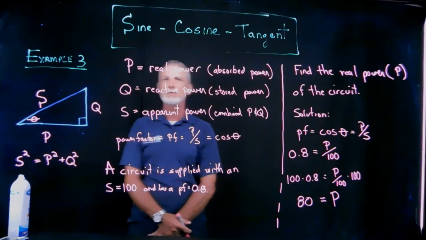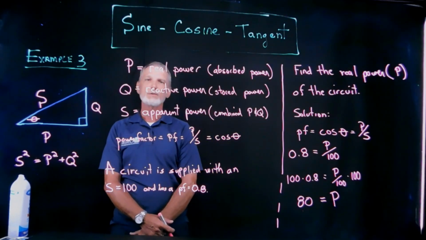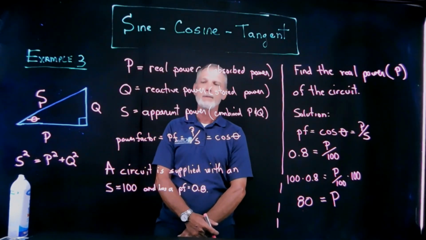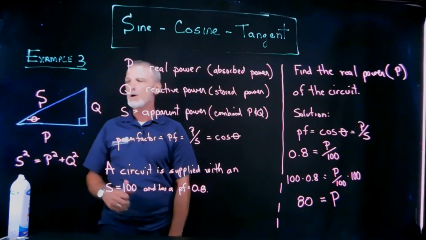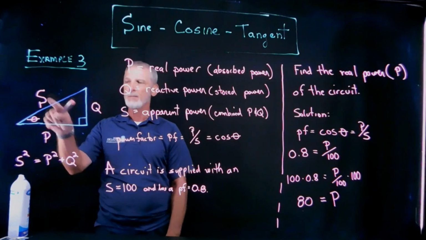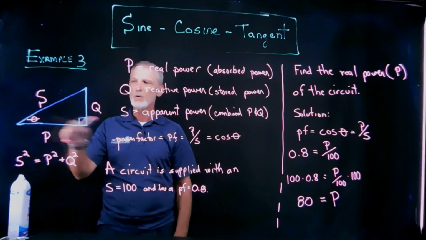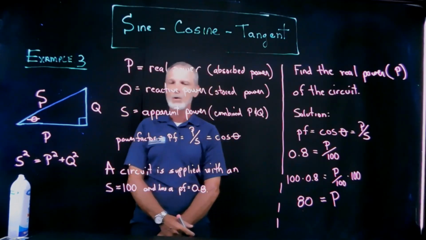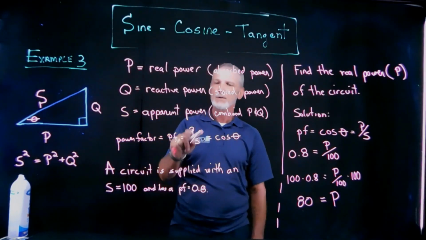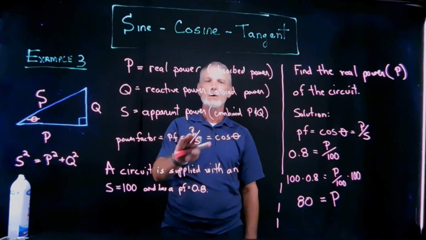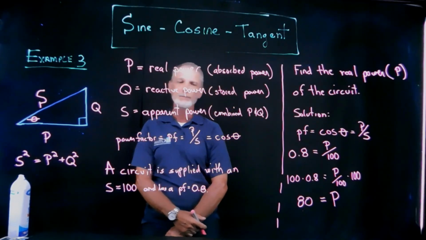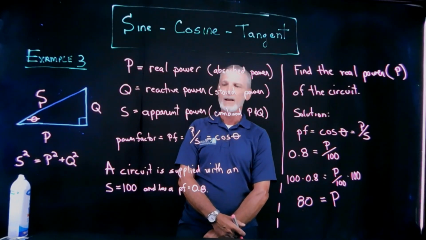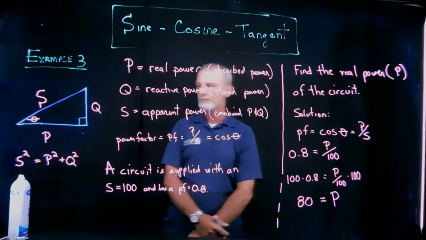Additionally, in many cases, we're interested in the amount of real power and its ratio to the amount of apparent power. And so the ratio of the real power to the apparent power can be found from the cosine of the angle theta. So the power factor is what we call that ratio of the absorbed power over the total power, if you will, or the apparent power. And so the cosine of that angle is called the power factor.